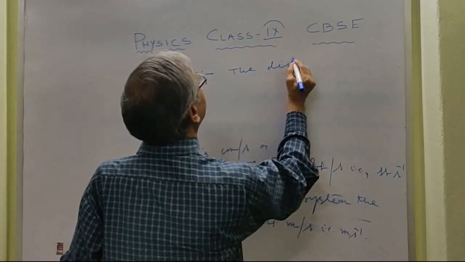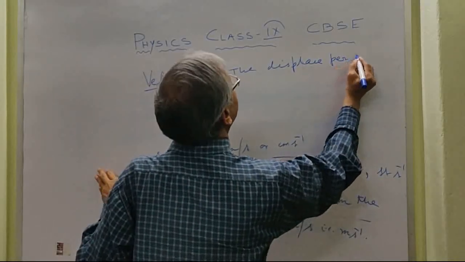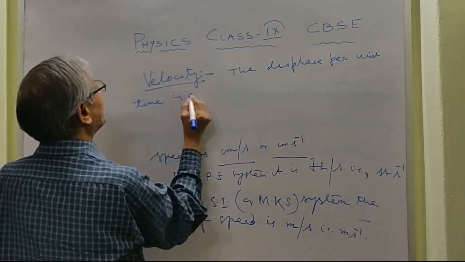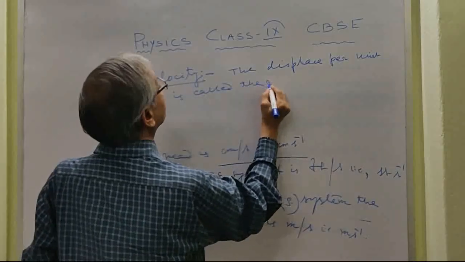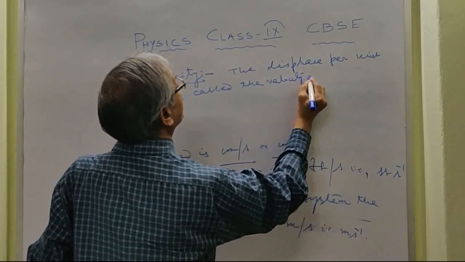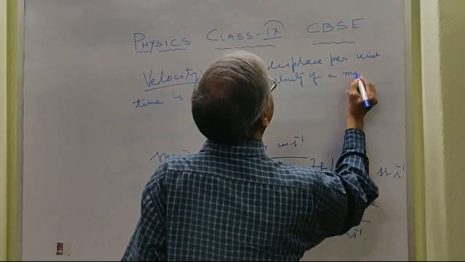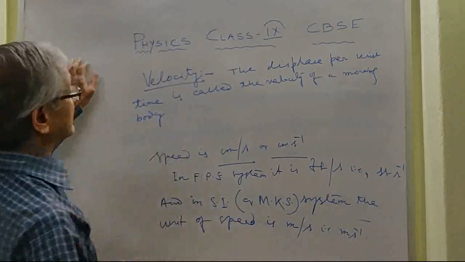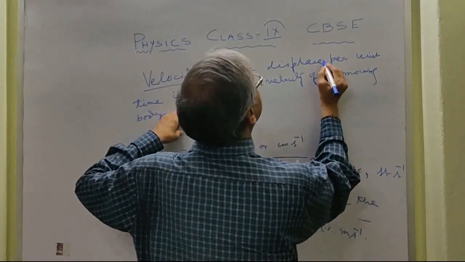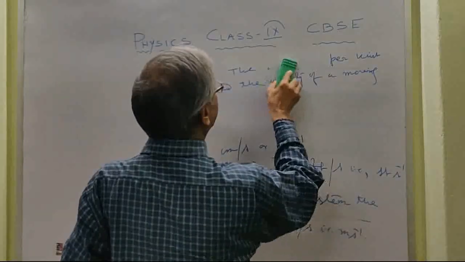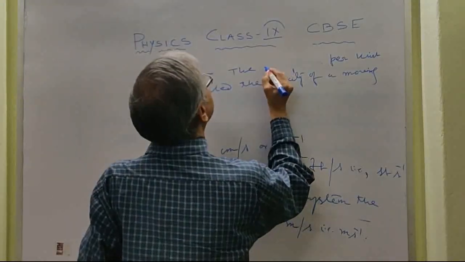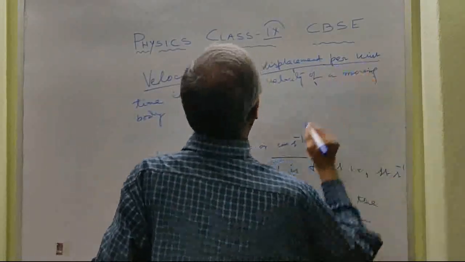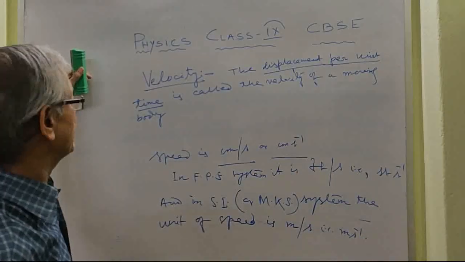The displacement per unit time is called the velocity of a moving body.